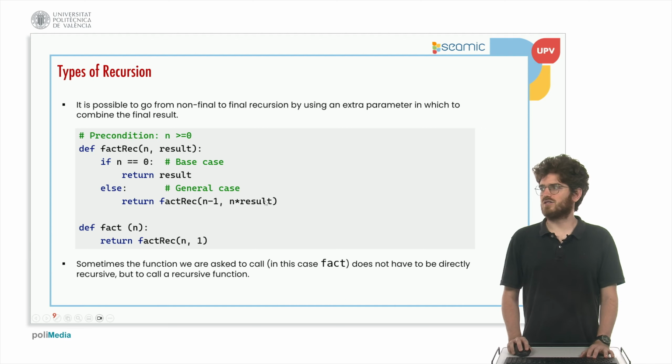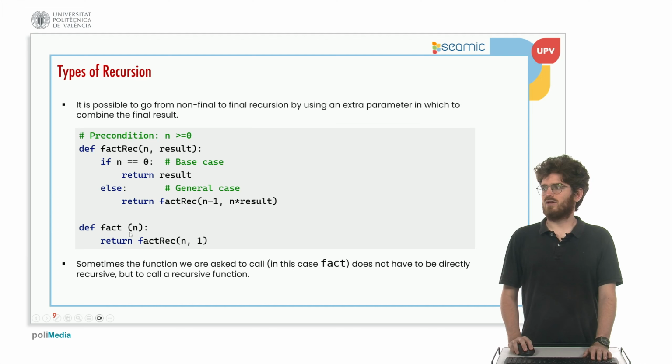And whenever we have the result here, in the general case, we multiply it by the current number. So instead of computing the factorial of each number and then multiplying it backwards, we multiply it forwards. So we would multiply 3 times the current result, which would initially be 1, and then 2 times the current result, and then 1 times the current result, and then we'd reach 0 and return that value at the end.